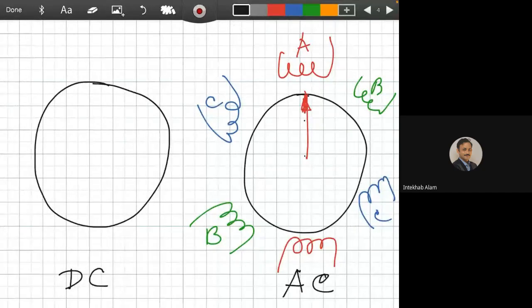So these things you can see, if we draw the vectors, then you will find that there is a change in the magnitude. What will happen? It will become 0 and it will become negative.